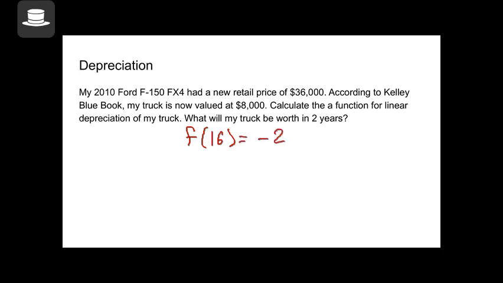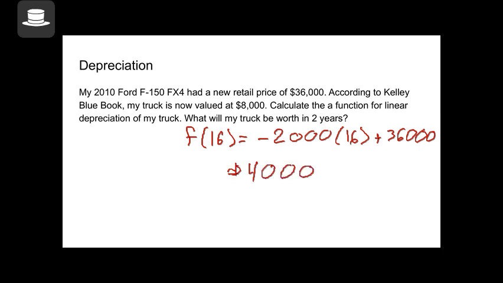And so then I have negative 2,000 times 16 plus 36,000. Plug that in the calculator. That's negative 32,000 plus 36,000, which would come out to being $4,000. So in 2 years' time, I would expect my truck to be worth $4,000 according to this line of depreciation.